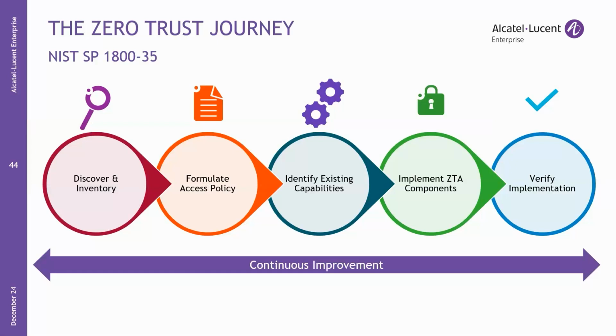As proposed here, the first step is to discover and inventory the existing environment. You will know that OmniVista has some tools to help in this sense. Specifically, the IoT inventory allows you to create an inventory of your network devices that you can export to Excel for further processing. The second step is to formulate an access policy to support the mission and business use cases.